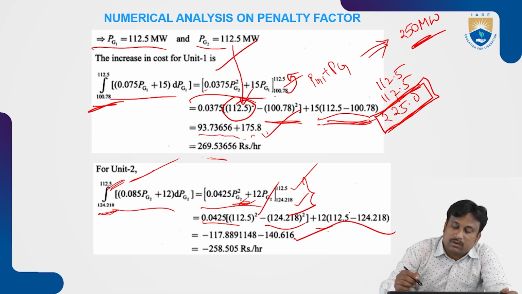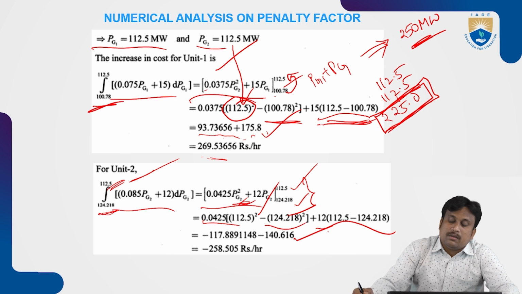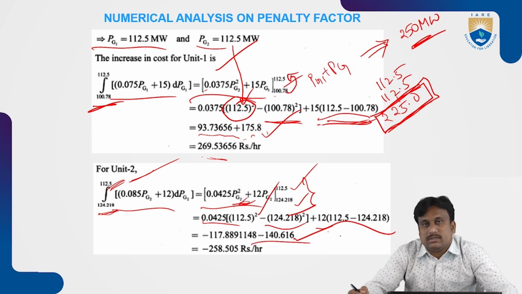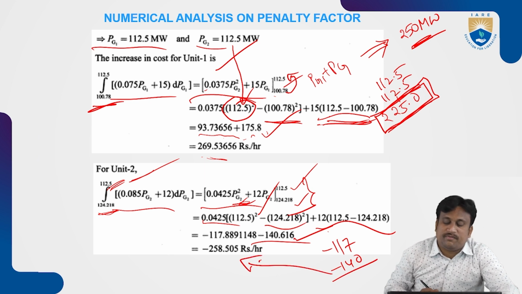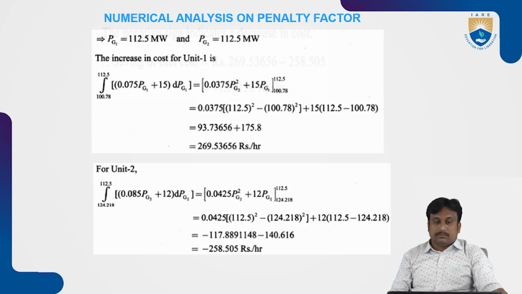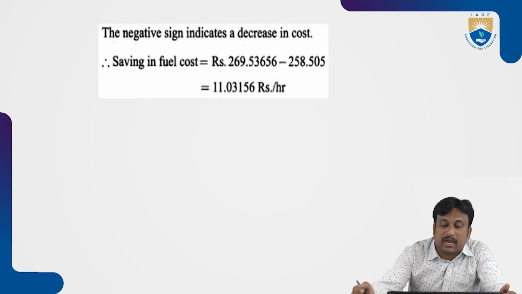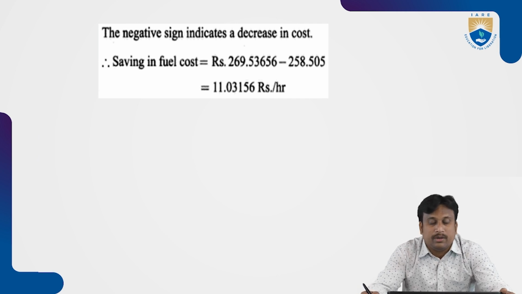You obtain minus 117.889 minus 140.61. Both are negative, so they add, giving minus 258.505 rupees per hour. The negative sign indicates a decrease in cost.